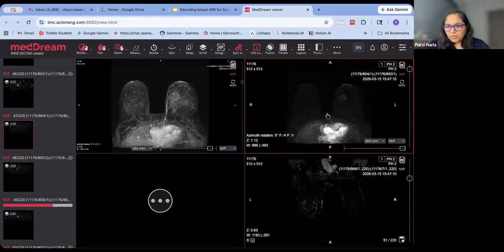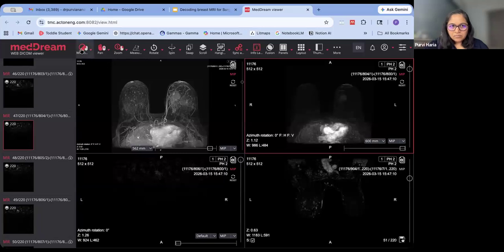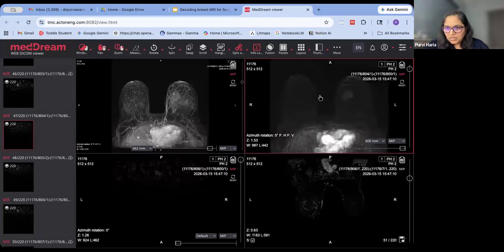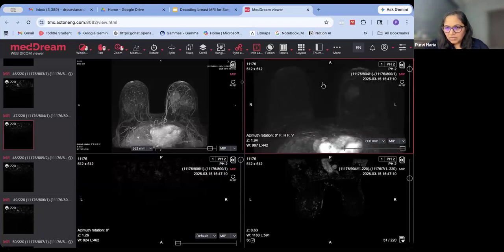I want to change the window here, but it's not changing. You see now the lesion? Sorry for this.